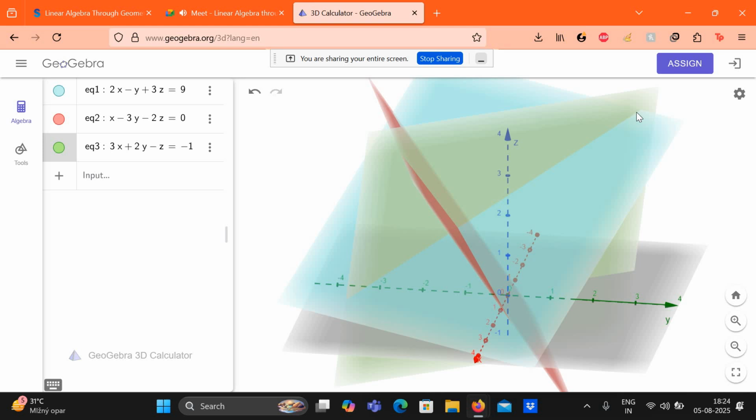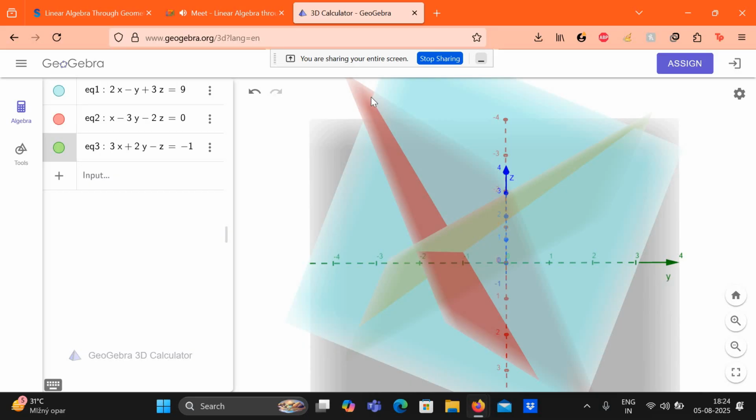Yes. So you can see that the blue and the green planes, which are the first and the third equations, are intersecting at this line. Next, the blue and the red planes are intersecting at this particular line.